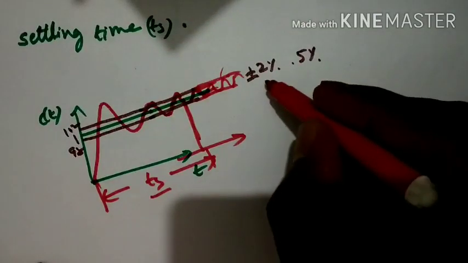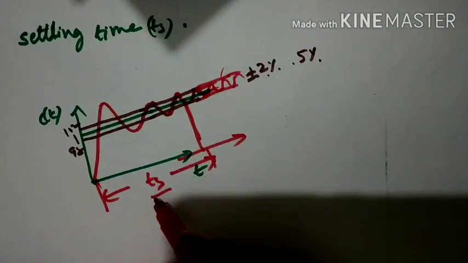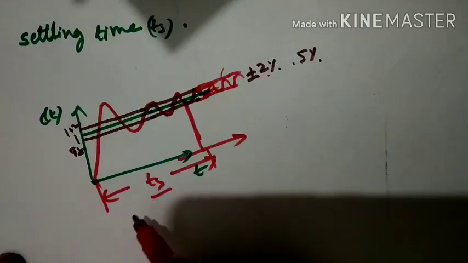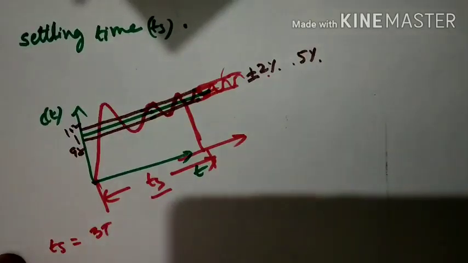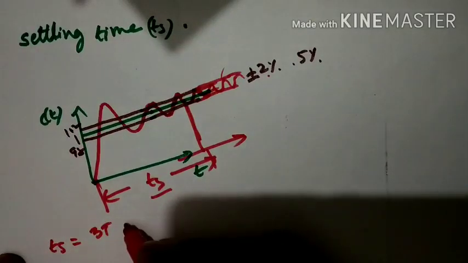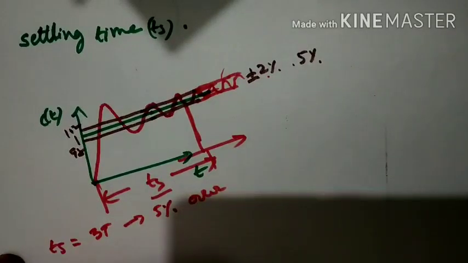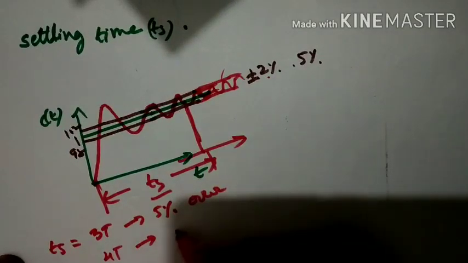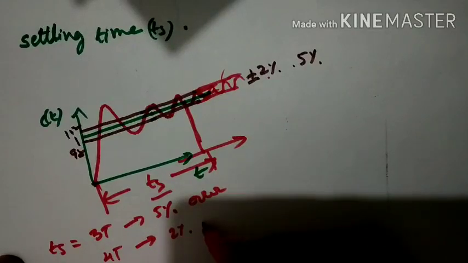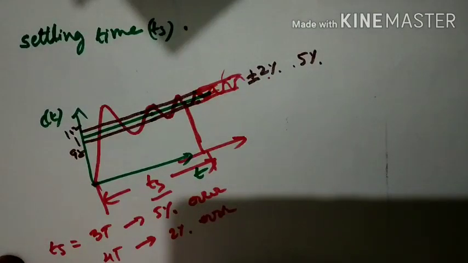So we are going to find the error of 2% and also 5%. What is the formula for settling time? We know that settling time Ts is equal to 3T for 5% error, and Ts is equal to 4T for 2% error.